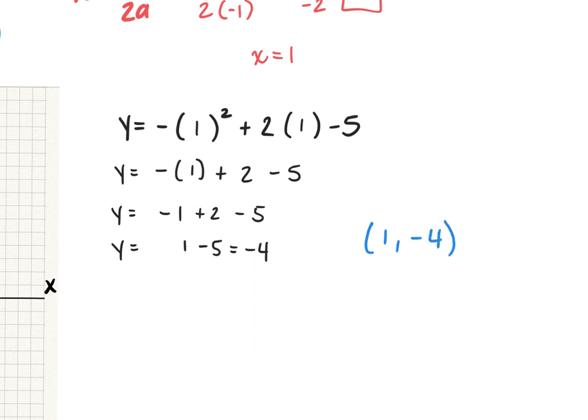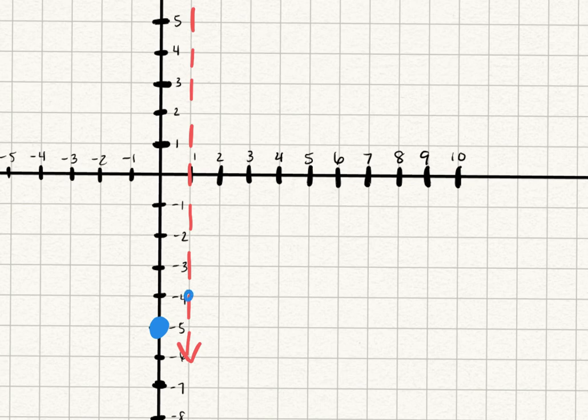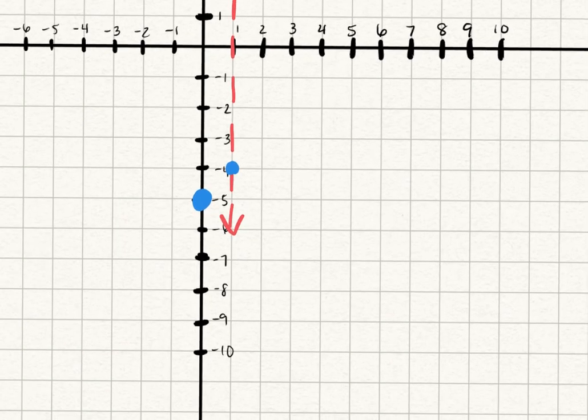In other words, on my axis of symmetry, my y value should be negative 4. So I go down to negative 4, and I put a point right here. Now, since my vertex always lies on my axis of symmetry, it's going to be a downward looking graph.